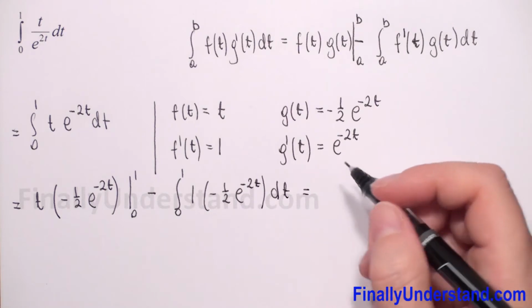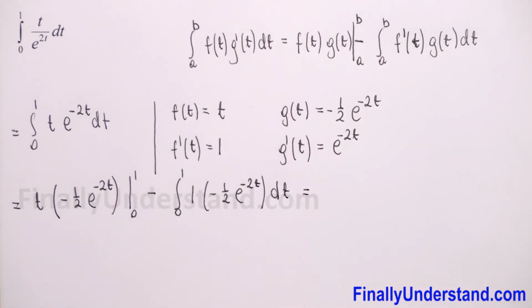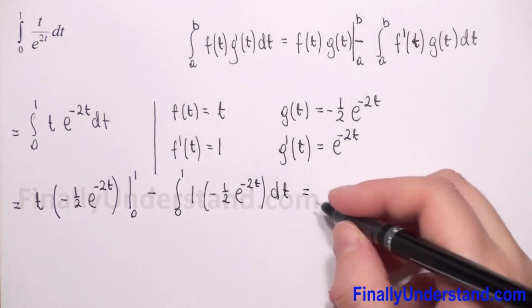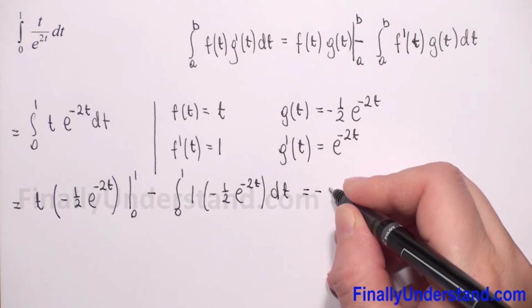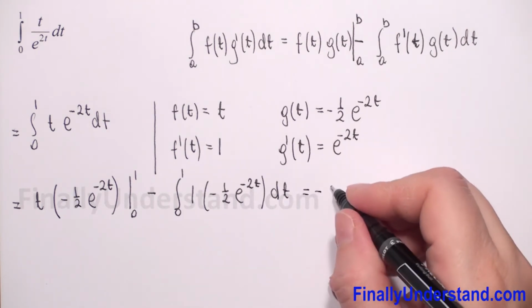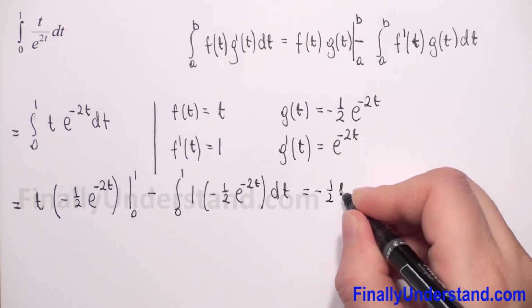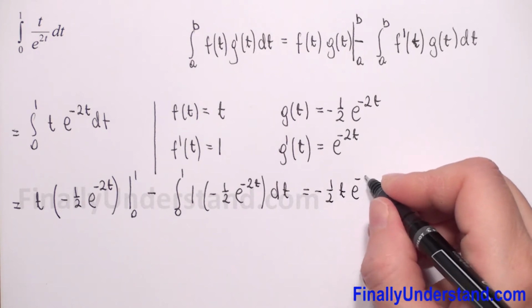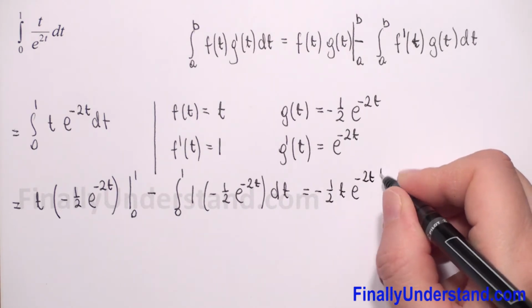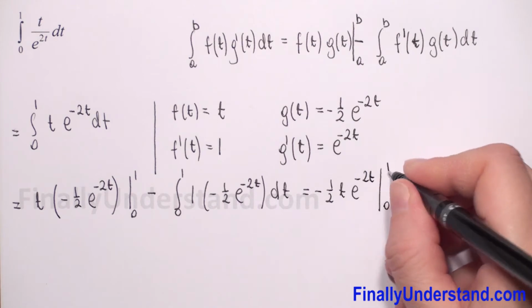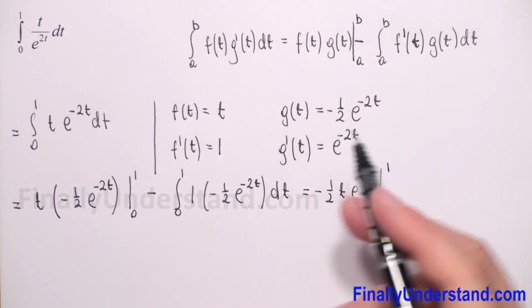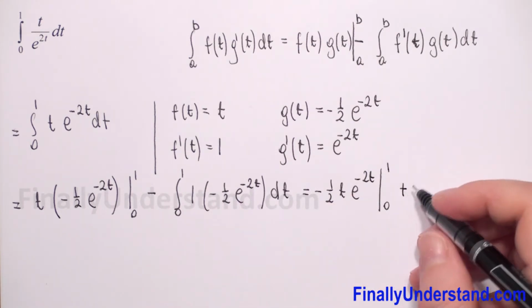So this is equal, we can do some simplification. Positive times negative will be negative. So first negative 1/2 t e to power negative 2t, with limits from 0 to 1. Negative and negative will be positive.